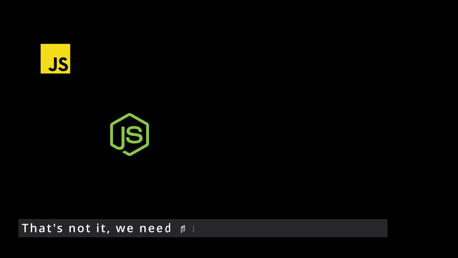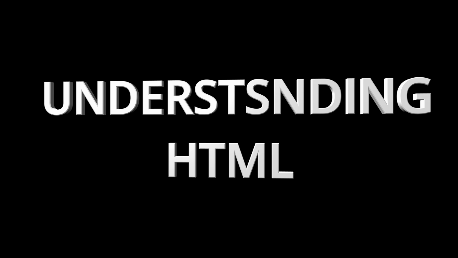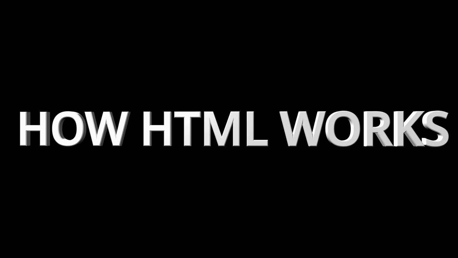As we move ahead, we will add more tools and technologies along the way, things like Node.js, NPM, databases, and frameworks. In the next video, we will dive deeper into HTML, understanding what it really is, how it works inside browsers, and exploring the most important HTML tags that make up every web page.